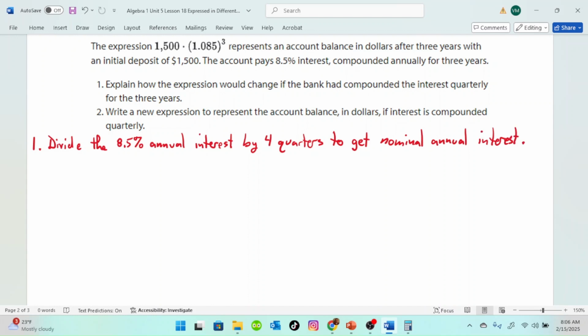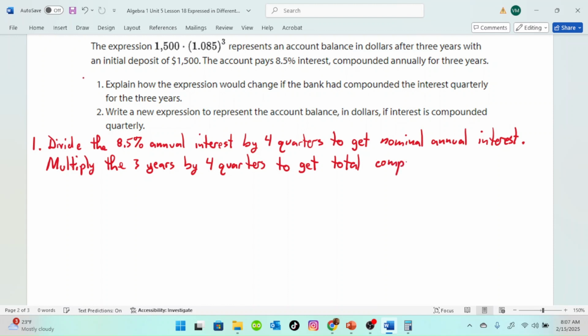The next thing we need to do is multiply the 3 years by 4 quarters to get total compounds.